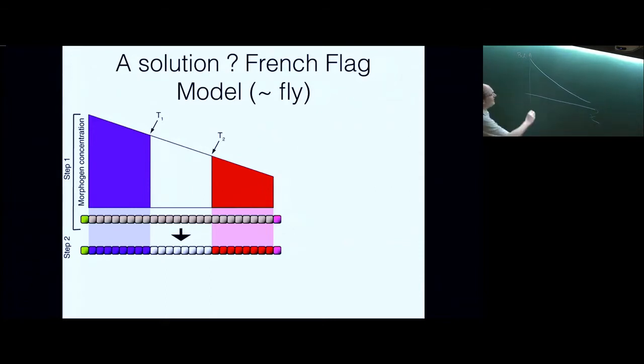Then you can define a threshold of bicoid somewhere so that you activate hunchback. And then the fate of the cell depends on whether you have expressed hunchback or not. So that will be, roughly, thoracic versus abdominal.